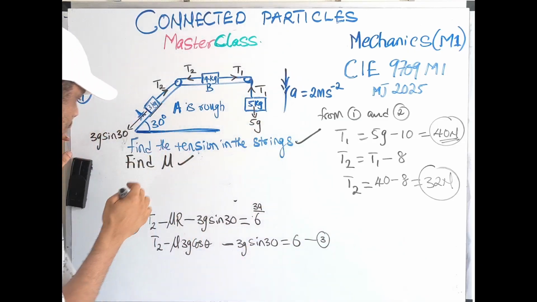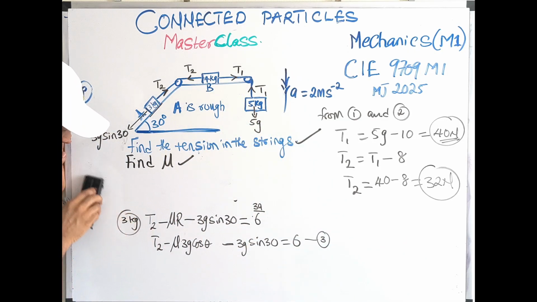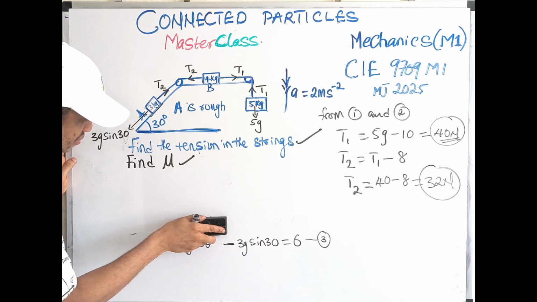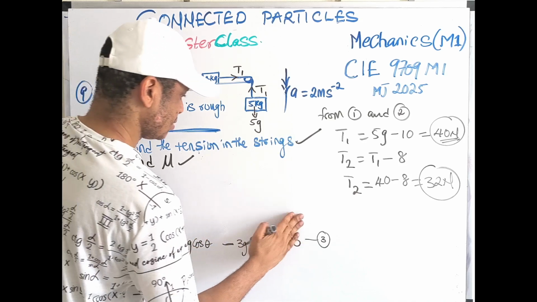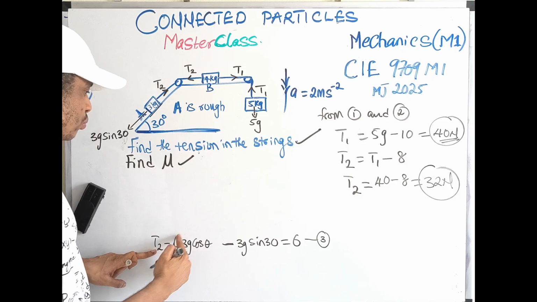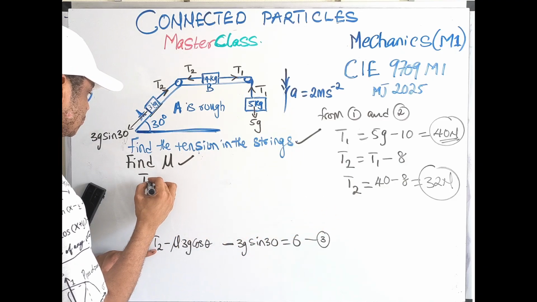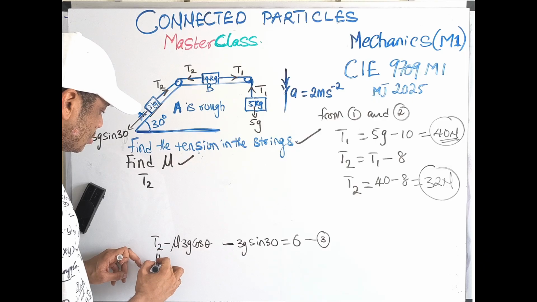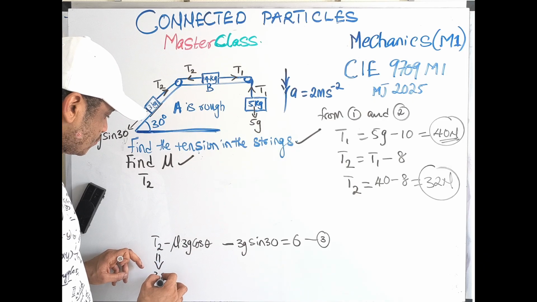All right, so remember I got this finally, and I'm just going to use this to solve. T2 we already know is 32.